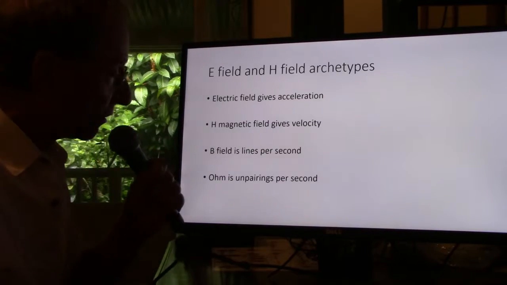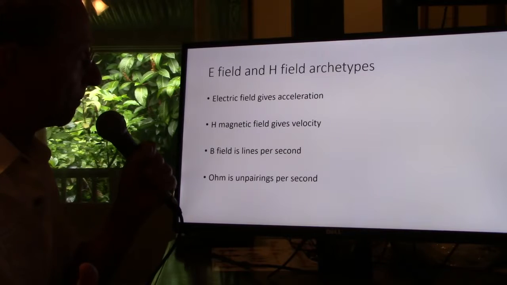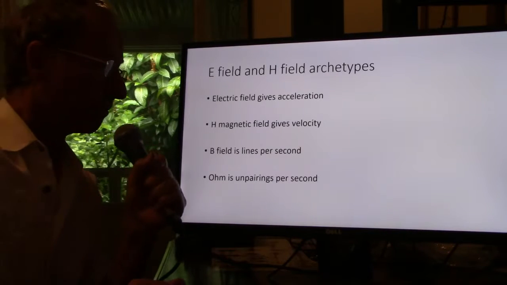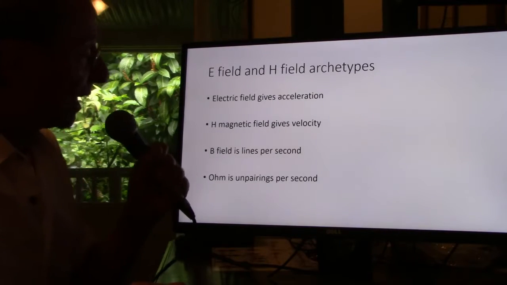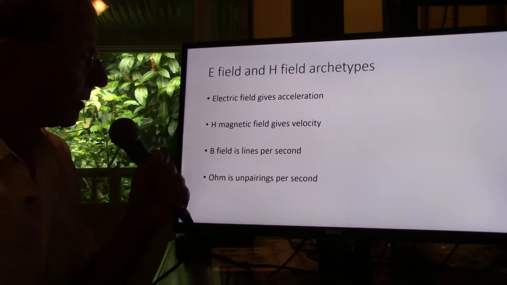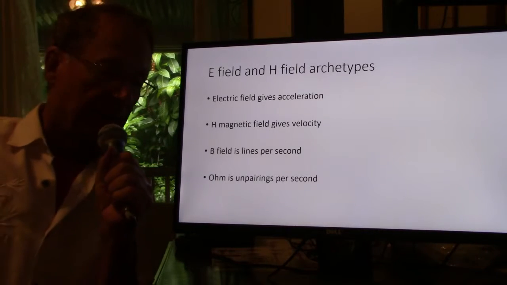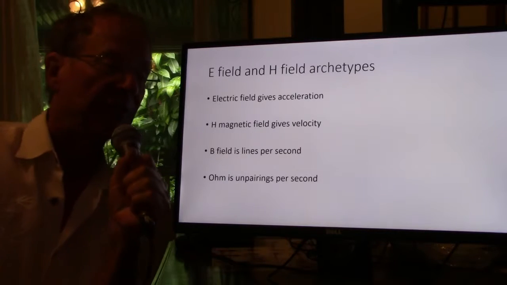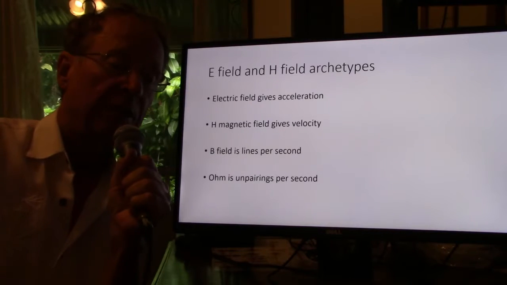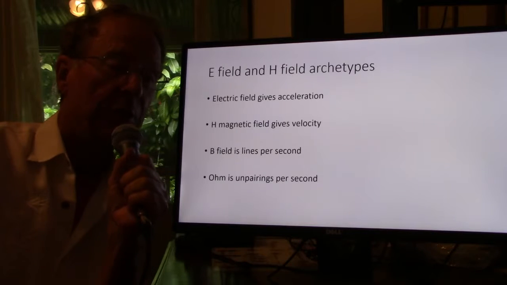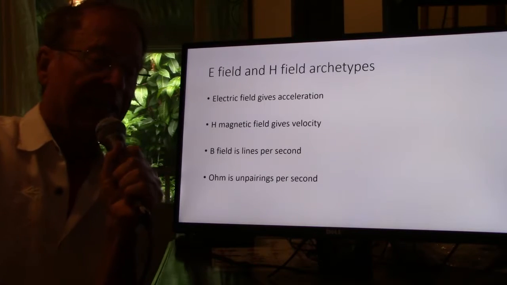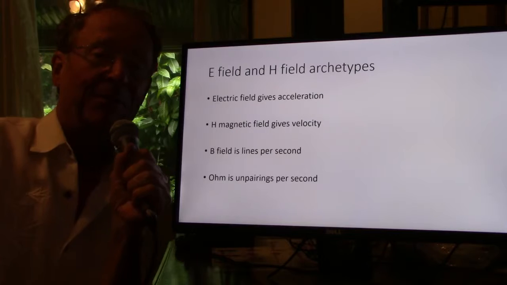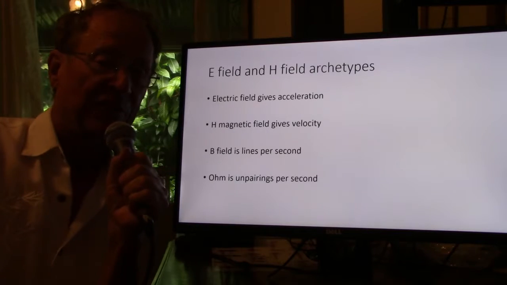So the B field is lines per second, lines of flux. And per second is also shared by the ohm, which is the unpairings per second. So as an electron goes through a solid material, it will become paired with a certain molecule and unpaired. And the more unpairings that happen per second, the more resistance it has.